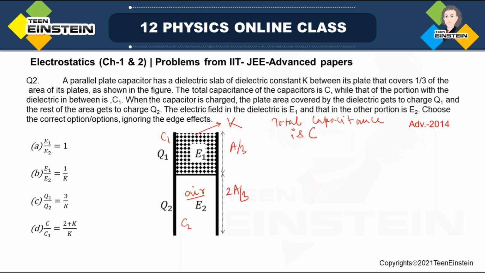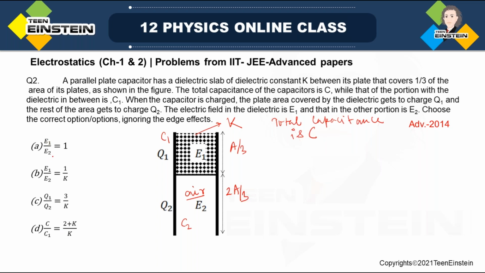Now when it is charged, this portion gets charged by Q1, and the rest of the portion gets charged by Q2. Now if the electric field in this portion, the dielectric, is E1, and the rest of the portion has electric field E2, which of the following options are true?